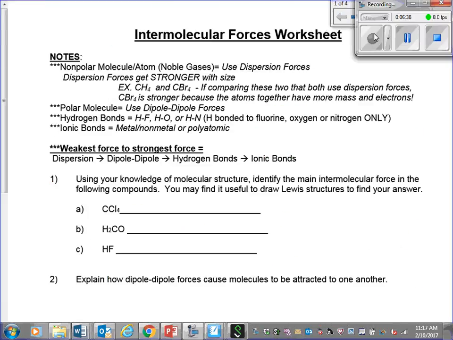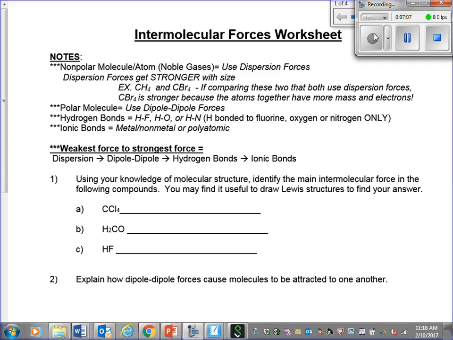Okay, so intermolecular forces. We're going to be talking now about the things that hold the molecules together. Like, for instance, when you have a glass of water that has multiple water molecules in there and they are stuck together somehow, making it a sizable amount of water. What's holding it together is specifically called hydrogen bonding, but we're going to address some of the other forces as well that hold things together.